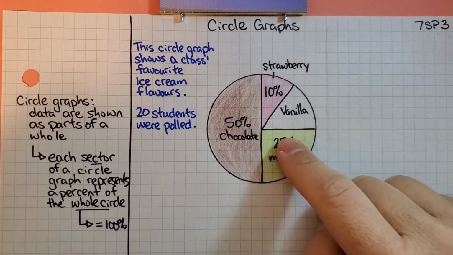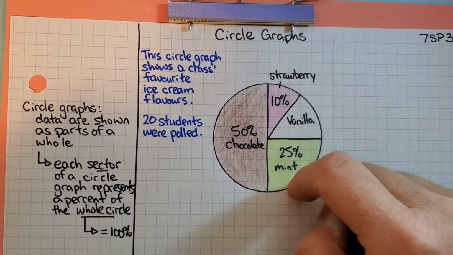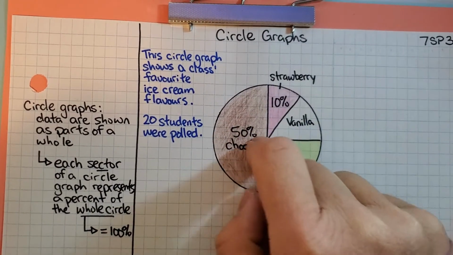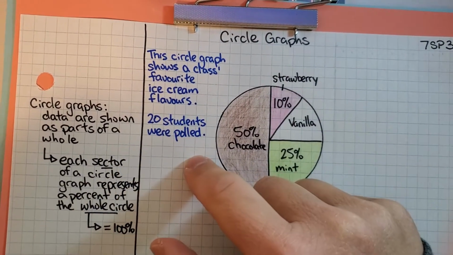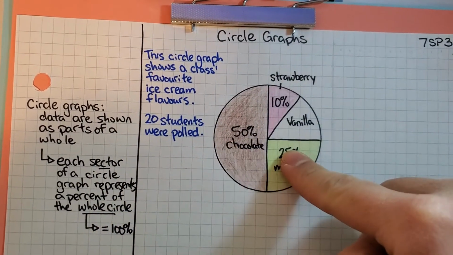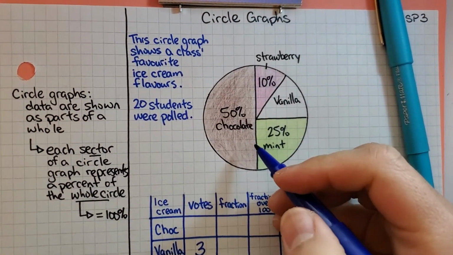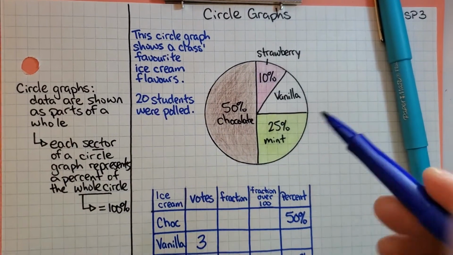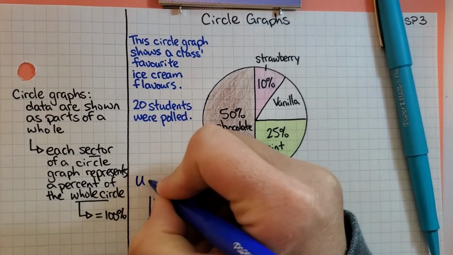So I have my pie chart where each of the sectors represents a different percent. And this is talking about a class's favorite ice cream flavors. So there are 20 students that were polled, and this was the results. Now that we have our circle graph, this whole top section is going to deal with using a circle graph.